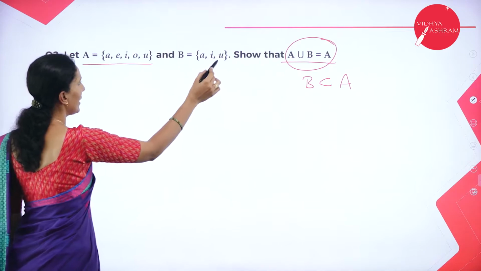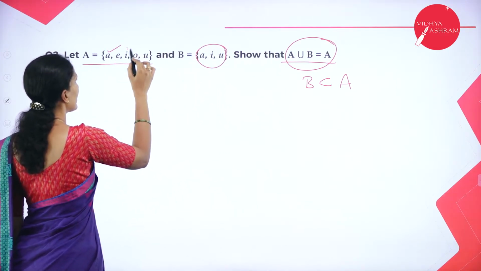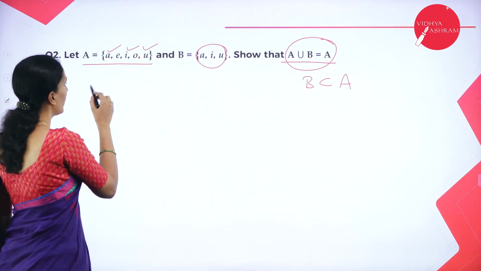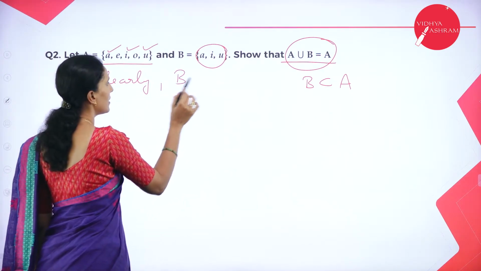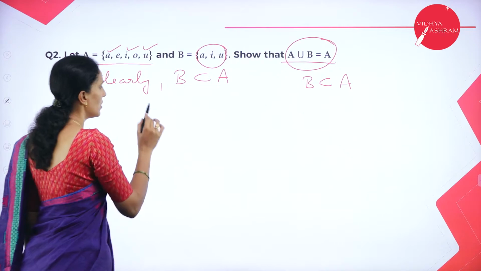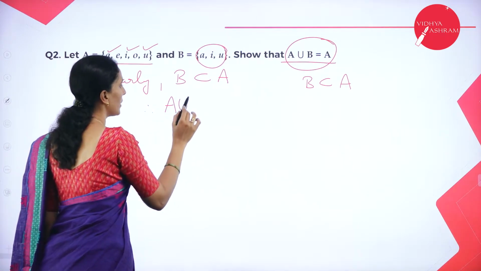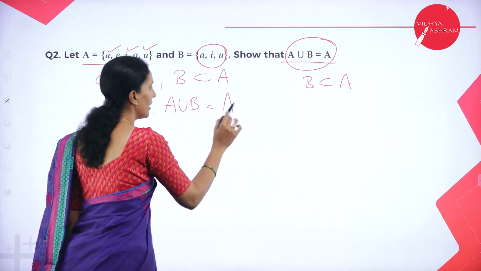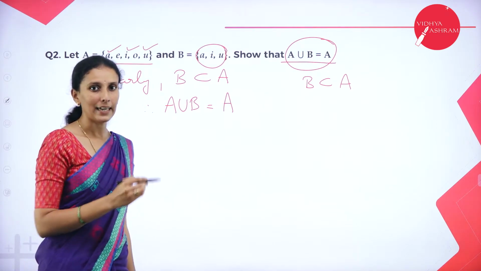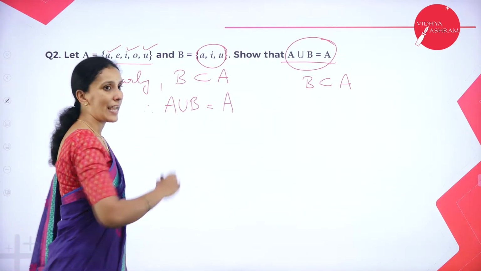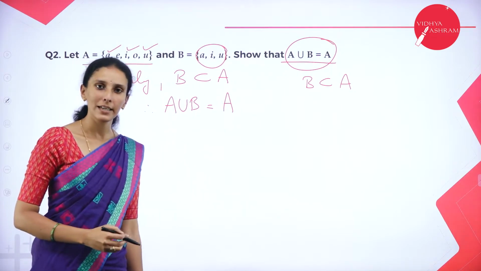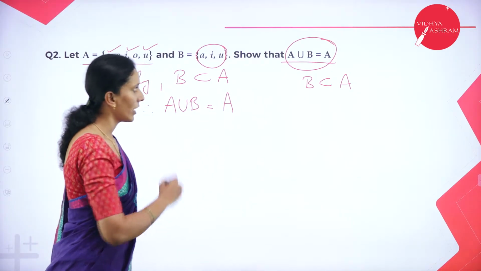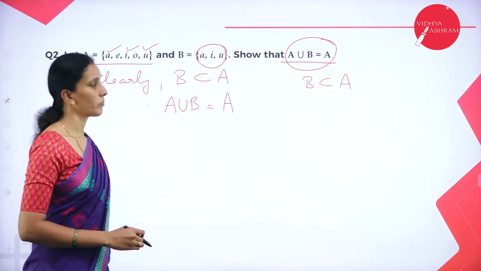So you can see a, i, u is in A. So clearly B is a subset of A. So therefore A union B is A. The union of a set and its subset is A itself.